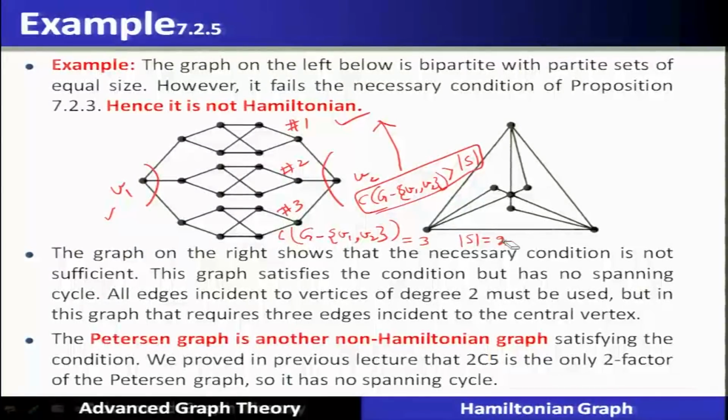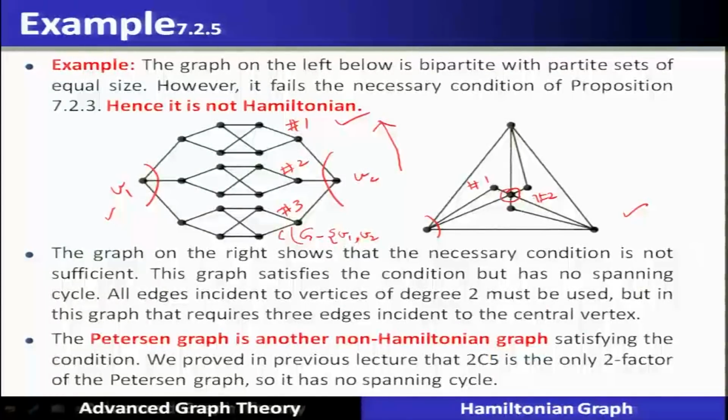However, consider another graph shown on the right side. Let us remove 2 vertices. This is one vertex. If we remove it, these vertices will still be connected, and if we remove this other vertex, then there will be some components. The number of components will be 2, because this will be one component and the remainder will be another component.